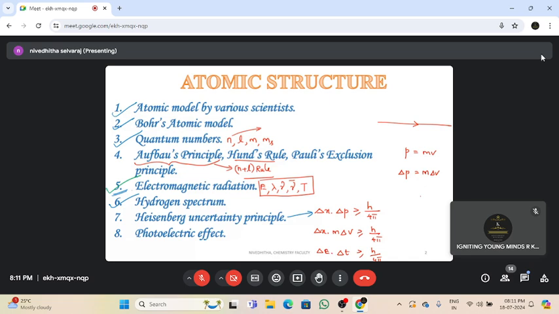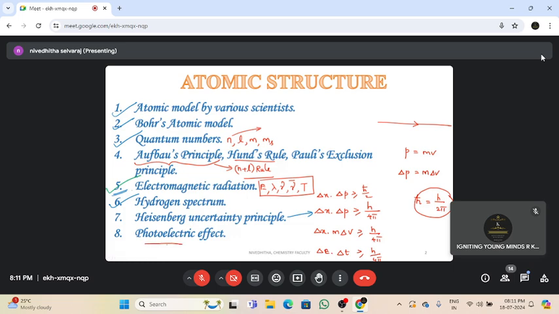And sometimes you would have seen this parameter called h cross. Basically, h cross is a symbol which represents h by 2 pi. So we can use this h cross here, like delta x into delta p, which is greater than or equal to h cross by 2. This is also fine. Okay, is that clear?